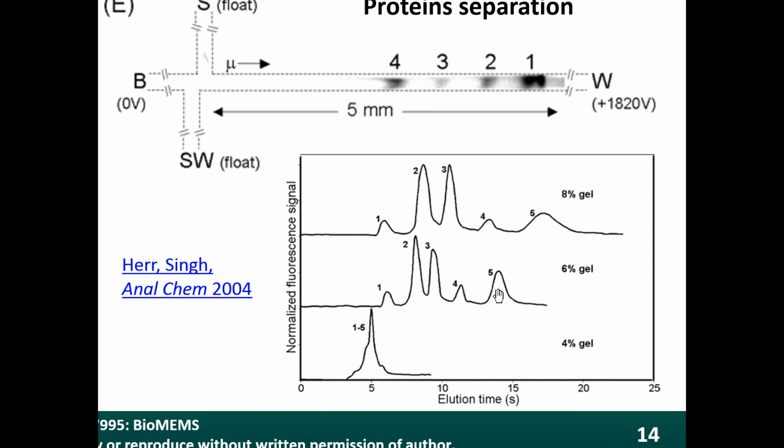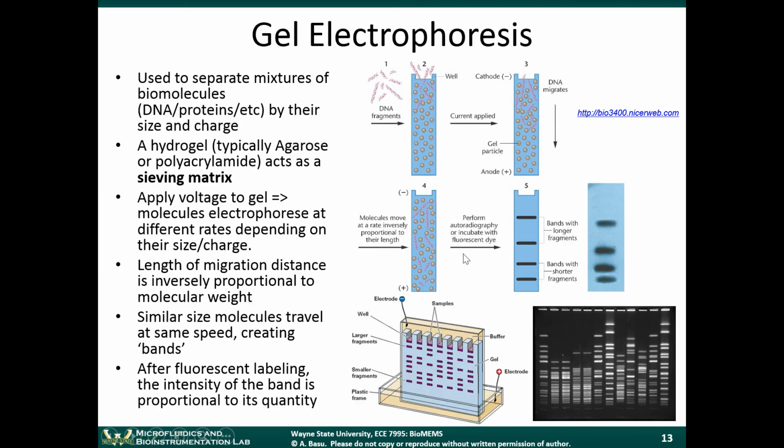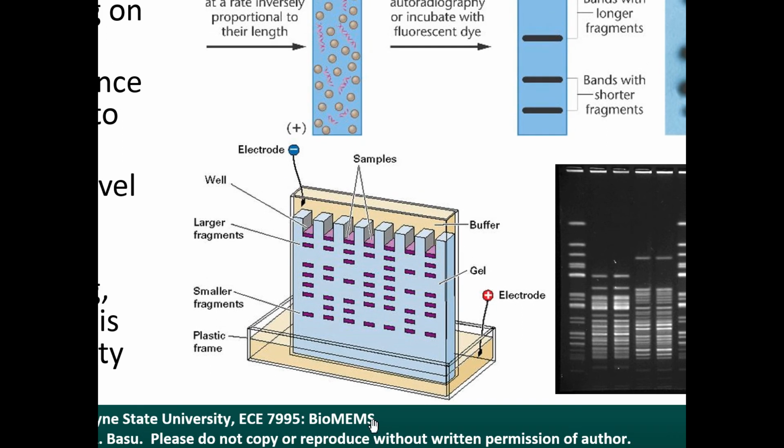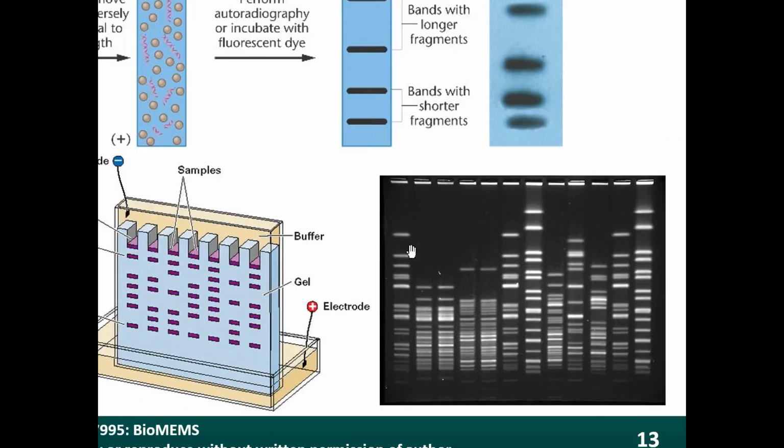So, in fact, that's what's done whenever you do gel electrophoresis like this. You normally will fill one of the end columns with a reference, and that reference contains a sample of DNA with known lengths. They call them DNA ladders. And if you compare, let's say, for example, this was a ladder.